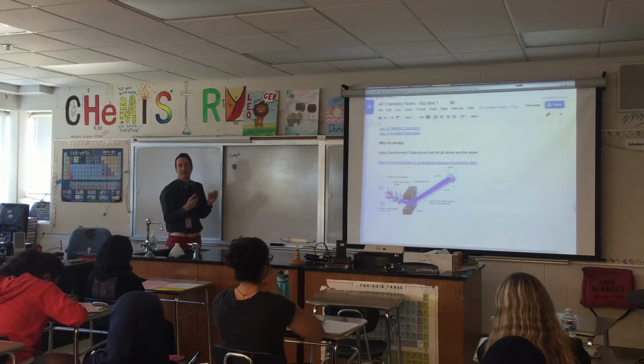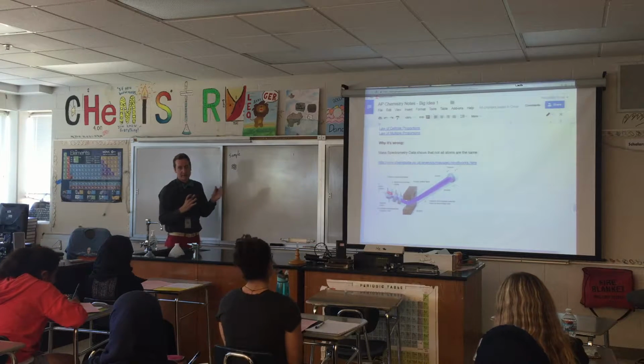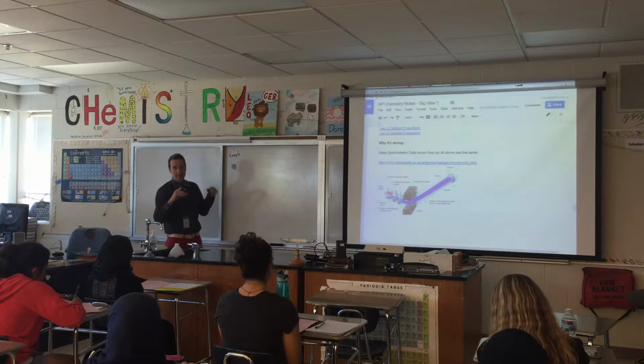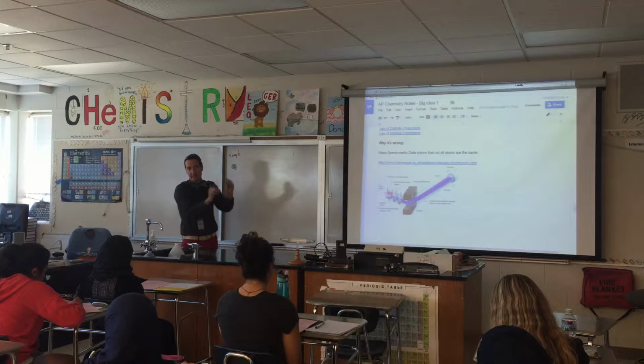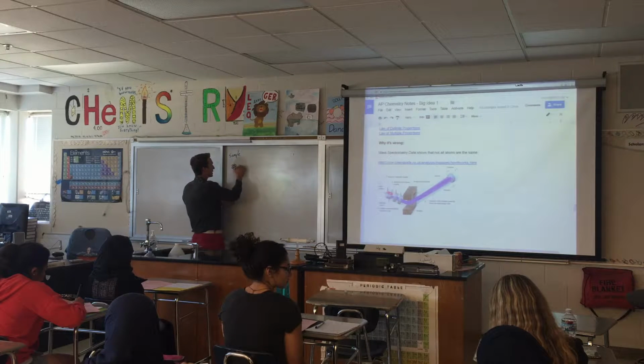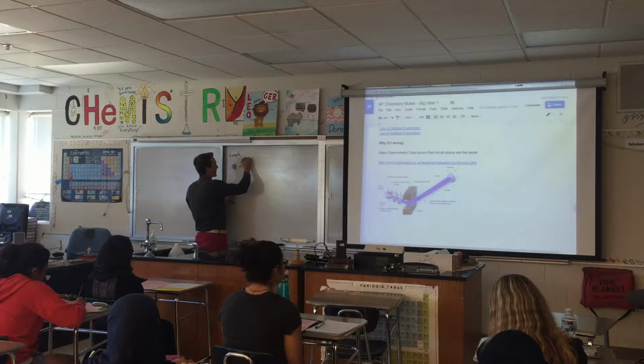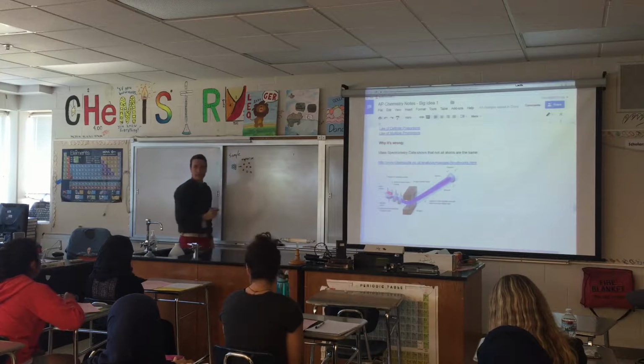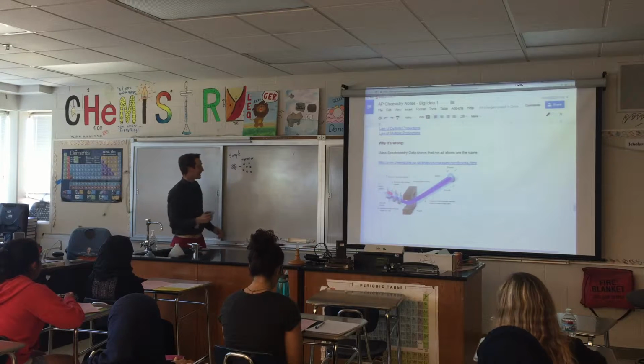And we have to do two things first to the sample. First, we have to turn it into a gas. We have to heat it up until it vaporizes because we're going to send it through the machine, and we don't want to send it as chunks of solid, we want to send it as individual atoms. So we have to vaporize it. And then we have to ionize it.